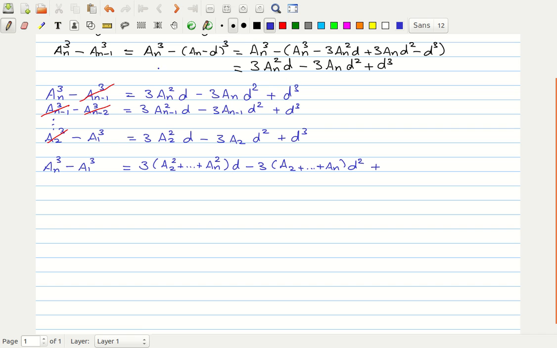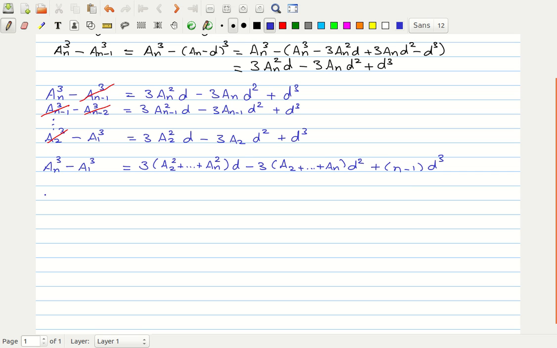How many d cubes are here? You can see that there are n minus 1 d cubes. Why? Because the rows are going from a2 to an, so there are n minus 1 rows over here. So d cube is added n minus 1 times.